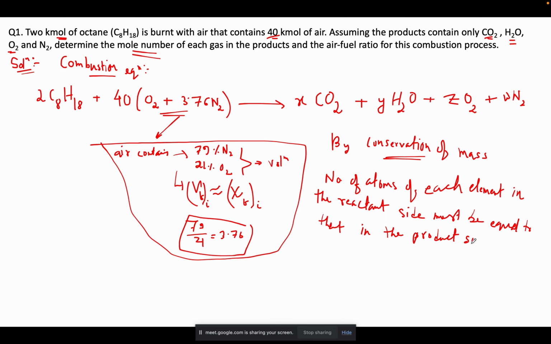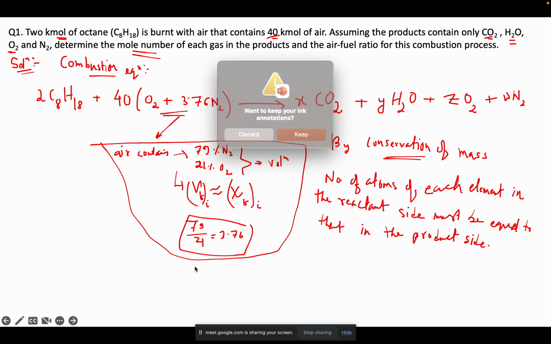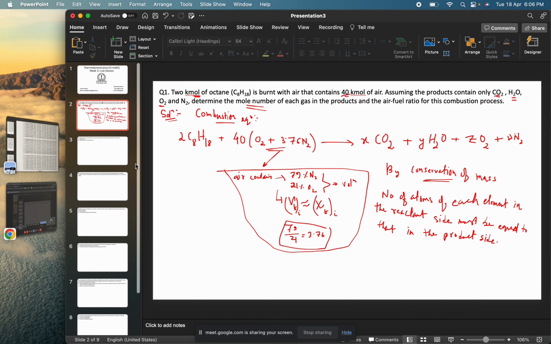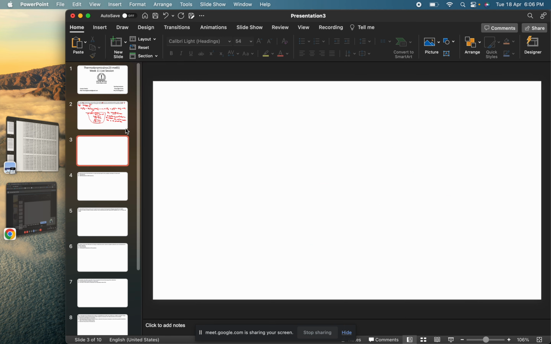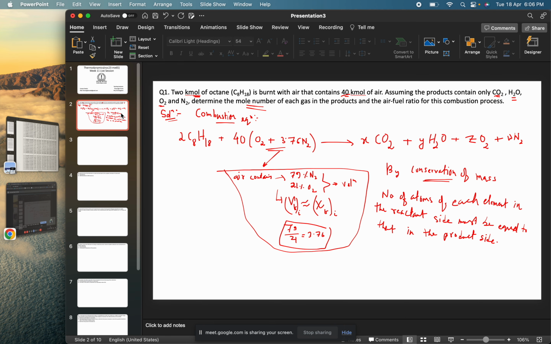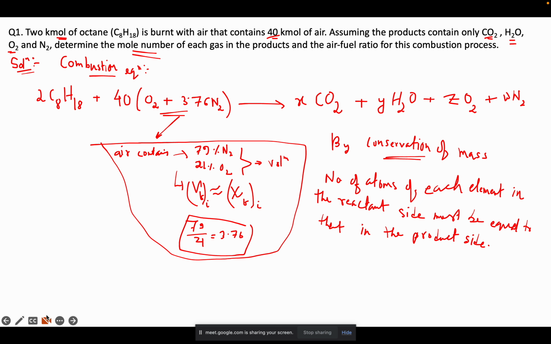Okay, fine. So now we will do mass balance for carbon first.